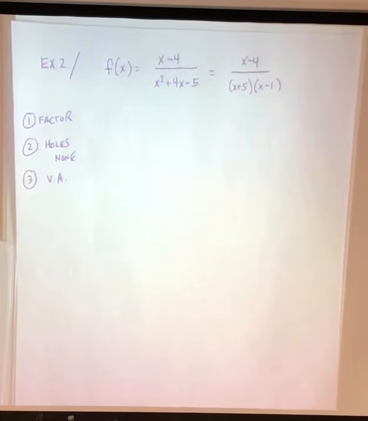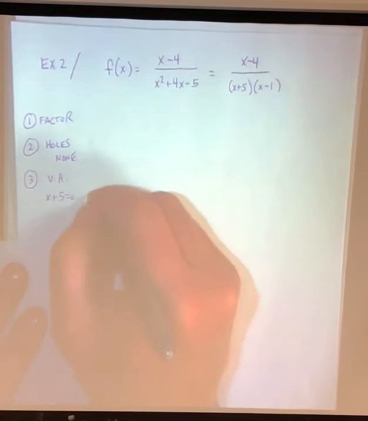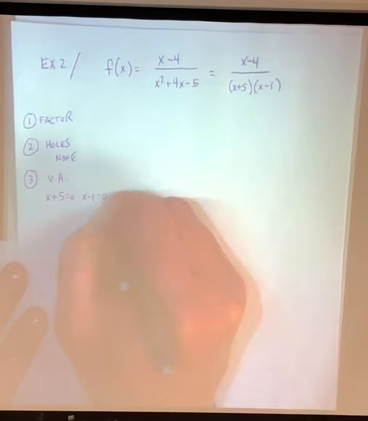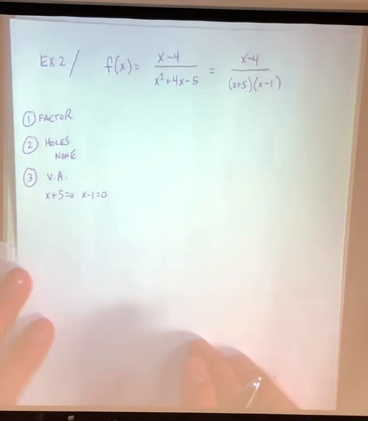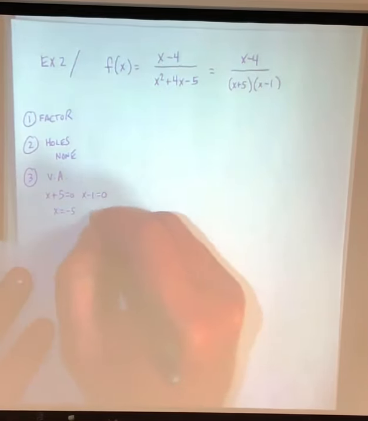So what do we do to find the vertical asymptotes? We're going to set the denominator equal to 0, so basically we're going to say x plus 5 equals 0, x minus 1 equals 0. So we get x is negative 5, x is positive 1.